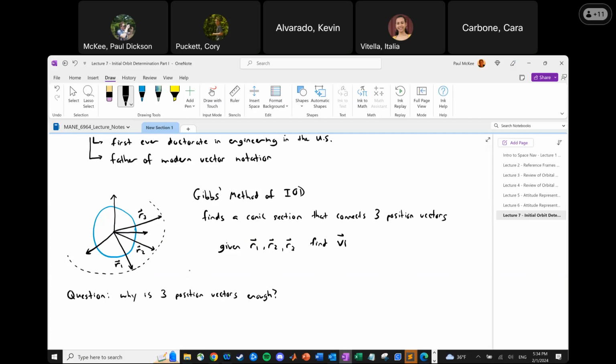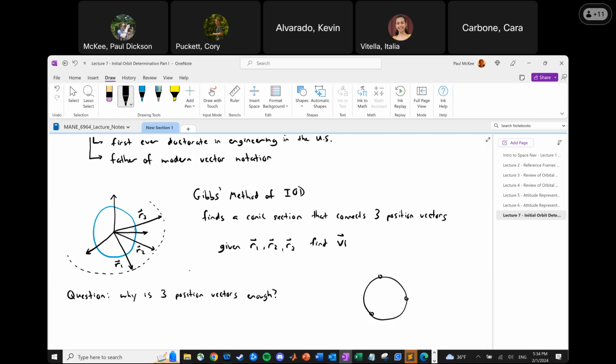In general, if you're trying to solve a problem of fitting an ellipse to points, because that's basically what we have, right? You've got some point here, some point here, some point here. You could fit a circle to 3 points. How many points do you need to find an ellipse? Does anybody know that? I think you need 4, and you've kind of got a sneaky hidden fourth point at the center of the Earth.